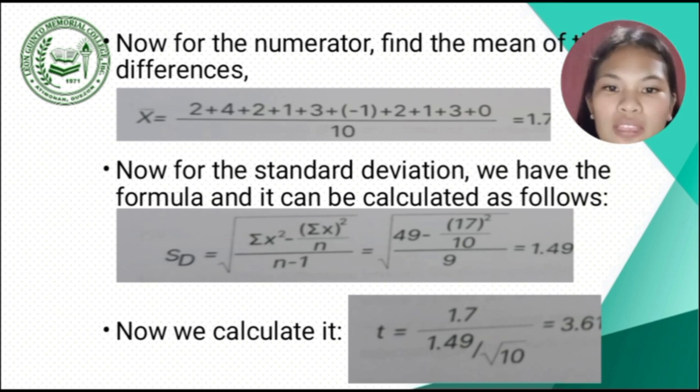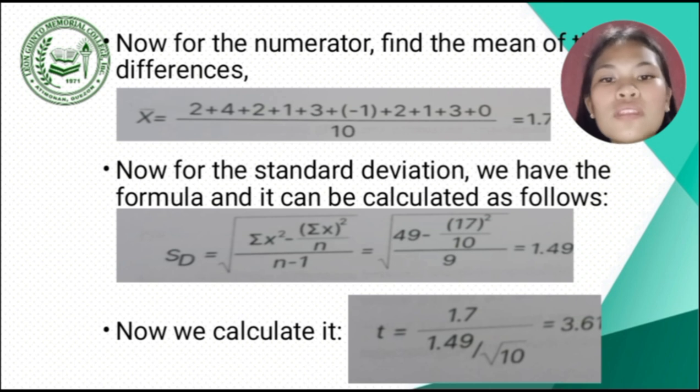Now we calculate t, which is equal to 1.7, the mean of the differences, over 1.49, the standard deviation, divided by the square root of 10, which is equal to 3.61.